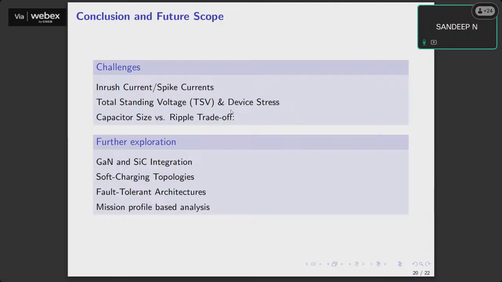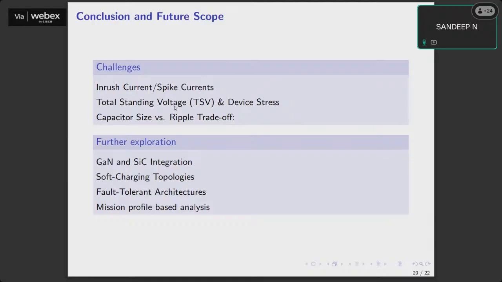Then comes the total standing voltage, that is your TSV, and device stress. So this is what I was talking about, that the spike, the surge current would increase the current stress on the devices and the total standing voltage. Sometimes what happens in the process of building an inverter structure with reduced components, it may happen that some of the devices are going to experience a very large voltage or a blocking voltage across them.